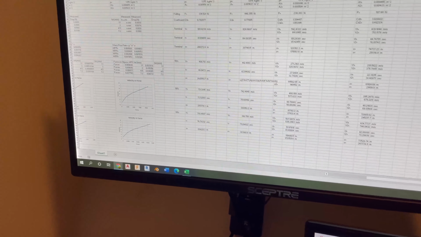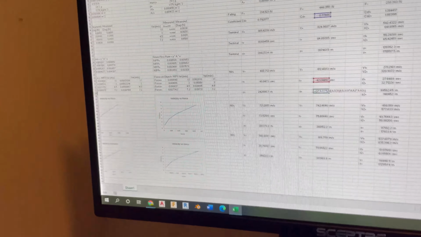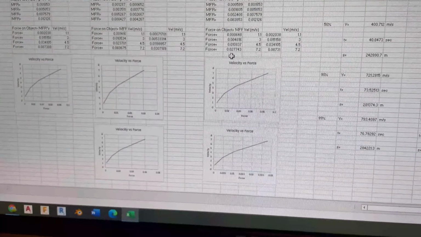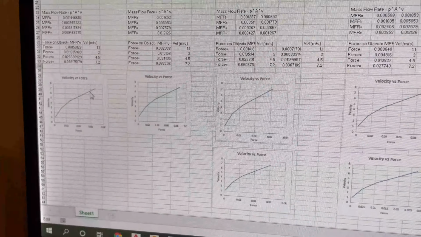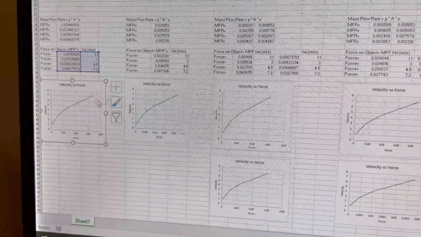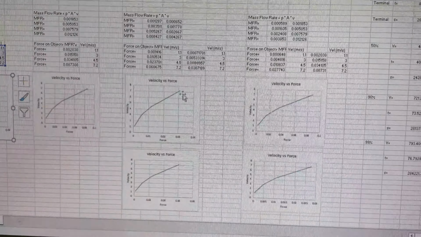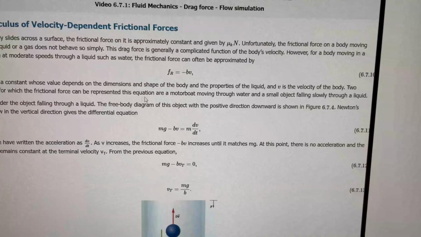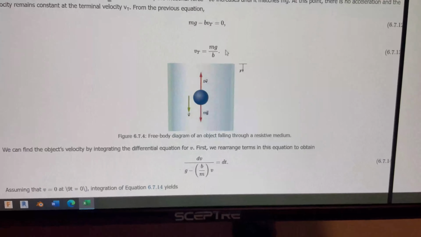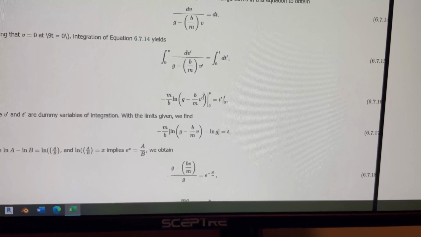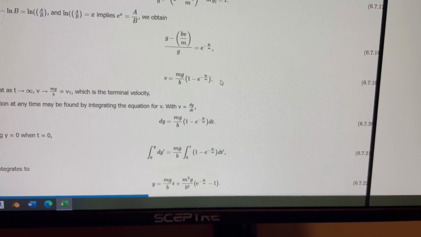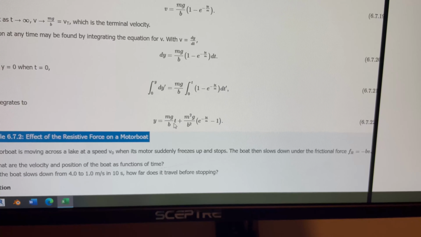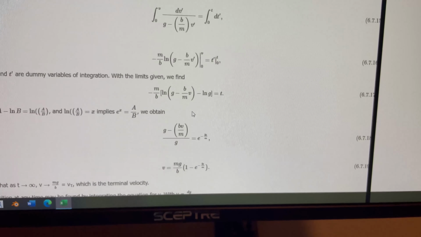I could have inserted a linear function approximation here, which I didn't. That might have been more useful, to approximate just the way they did here, get an e to the power for your velocity, and find your position this way.